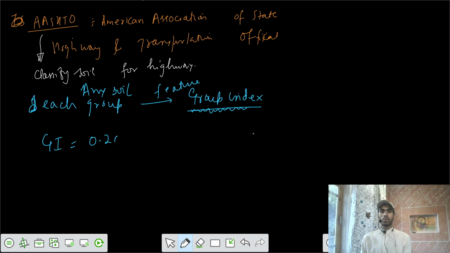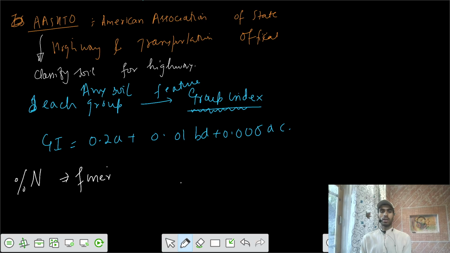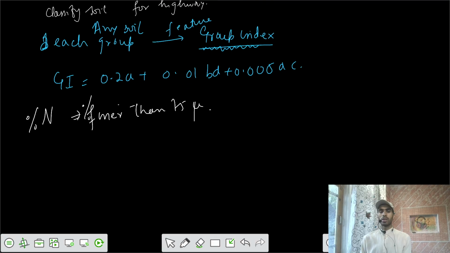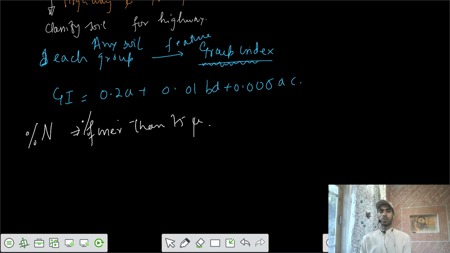That is 0.2a plus 0.01bd plus 0.005ac. Let n be the percent finer than 75 micron, that is, how much percent of the total is fine grained soil.